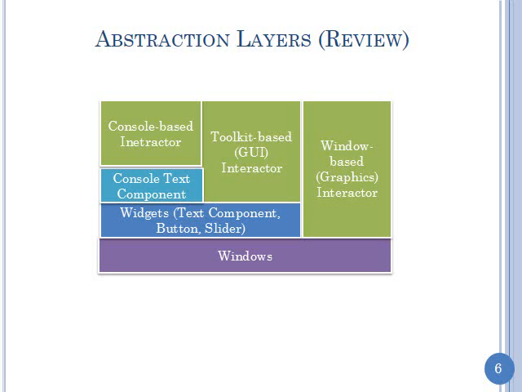And as I hint here, the lower the abstraction you use, the more code you have to write. Not necessarily true, but intuitively, you're doing more work if you're using a lower level abstraction. Maybe you're doing the work of a text widget when you create a window-based interactor.